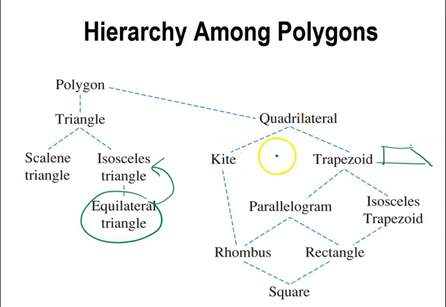A kite is a quadrilateral with two adjacent sides congruent, and then the other two adjacent sides congruent, okay? But that could give you a rhombus. You remember what a rhombus is? It's a parallelogram. Notice rhombus fits under parallelogram. It's a parallelogram where all four sides are congruent.